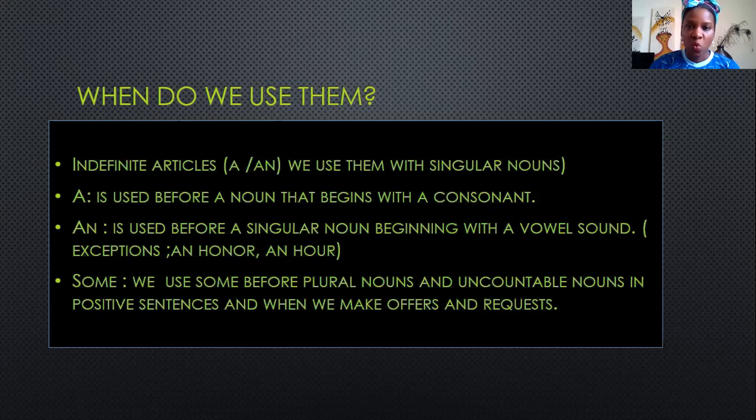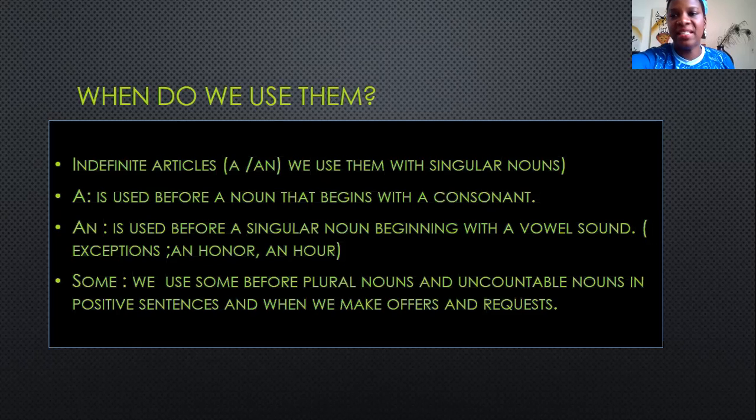For some, when do we use some? From the picture before, you saw that it said some apples because we had 5 apples. We could count 1, 2, 3, 4, 5 apples. So what it means there is that we had plural nouns, apples, 5 of them. We use some when we have plural nouns that we can count, and we also use some for uncountable nouns.